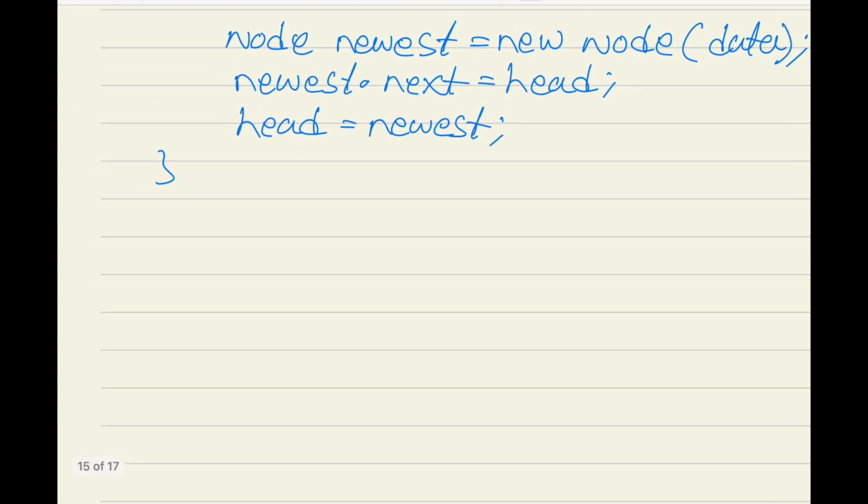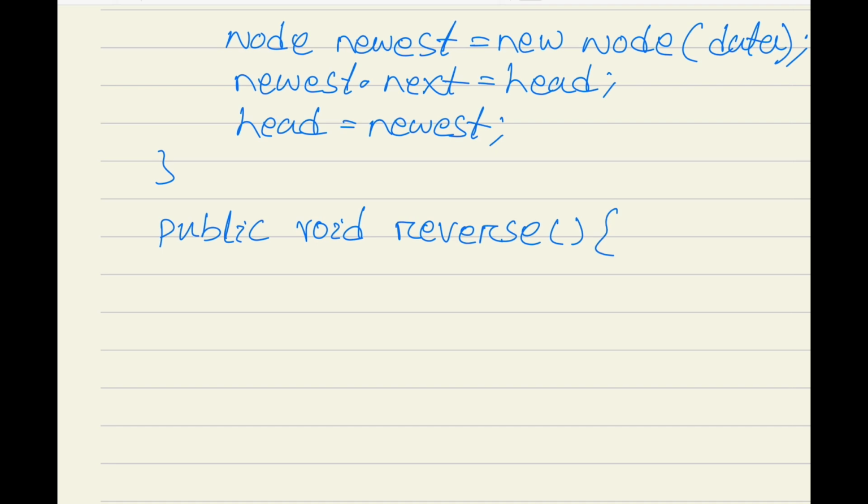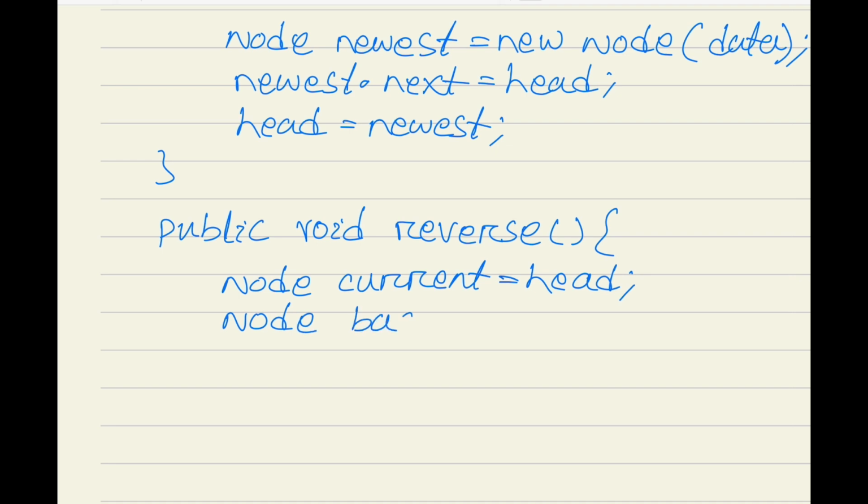So now we are going to write the definition of reverse. So for that we can write public void reverse, and here we can take reference variables like current, and initially the value of current is head, and other reference variables we can take like back and front.